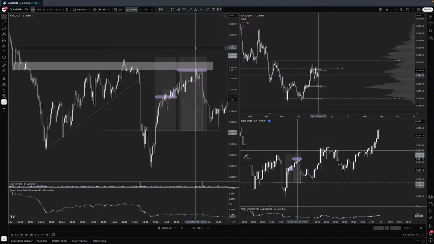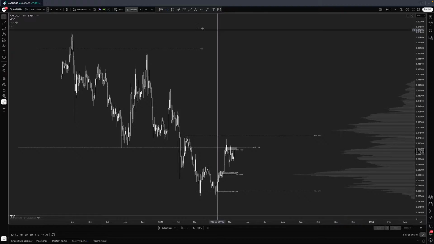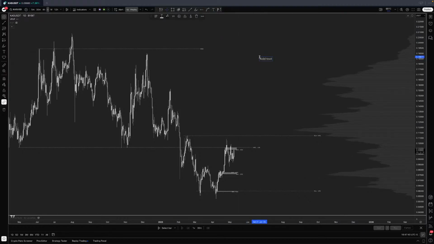How to combine higher time frames with lower time frames? That's a very good question. You can do it this way. For swing trading, you can use the weekly chart, the daily.